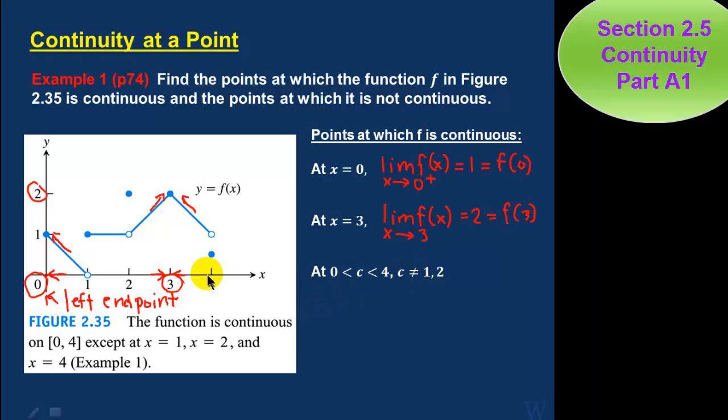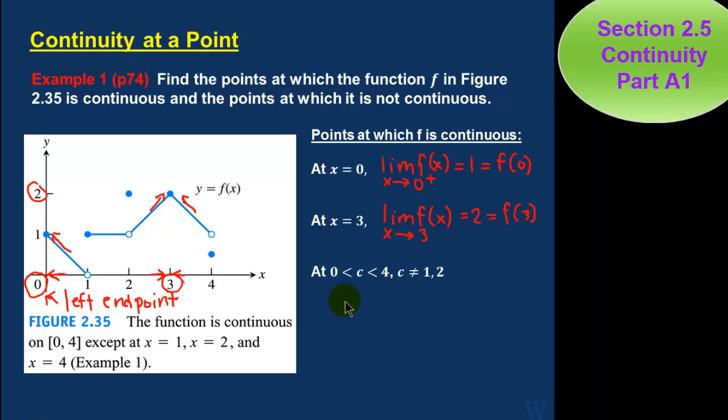And of course, any interior point between 0 and 4 works too. An interior point could be here, here, 3, somewhere between 2 and 4, between 1 and 2, between 0 and 1.